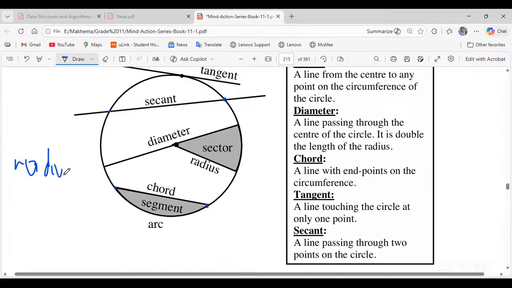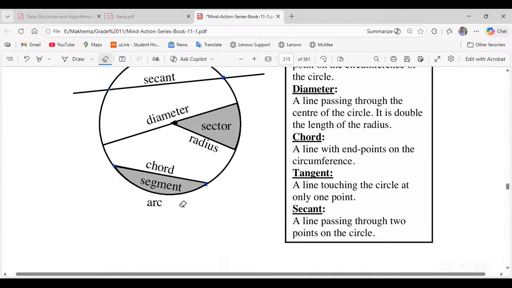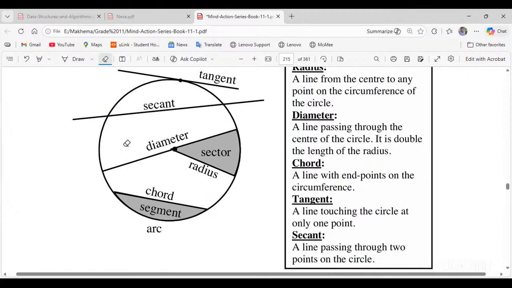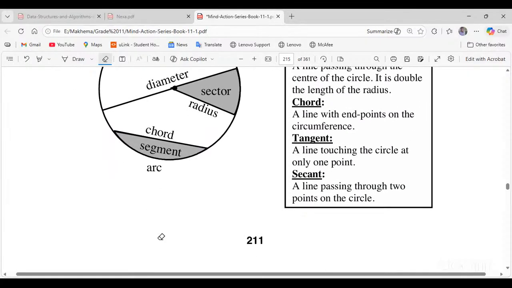This is one radius, but once we are talking about 2 of them, 3 of them, we talk about radii. That is the plural of the word radius. We are done with the reminder of the circle and the parts of the circle.